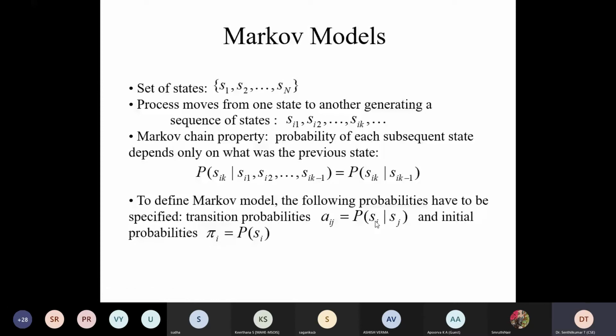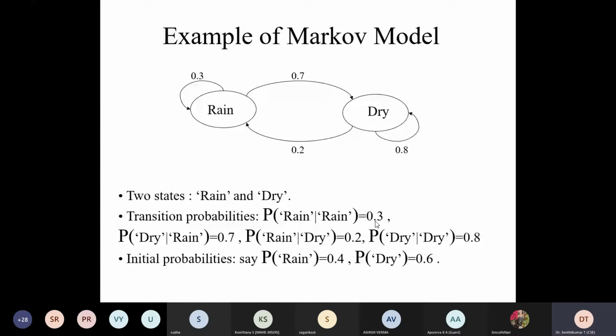Let's take an example and then we come to your discussions. Let's say we want to form a Markov chain. There will generally be two states here: one state is rain, the other is dry. This is for a weather situation. The transition probability of staying in the rain state is 0.3, and rain to dry is 0.7.